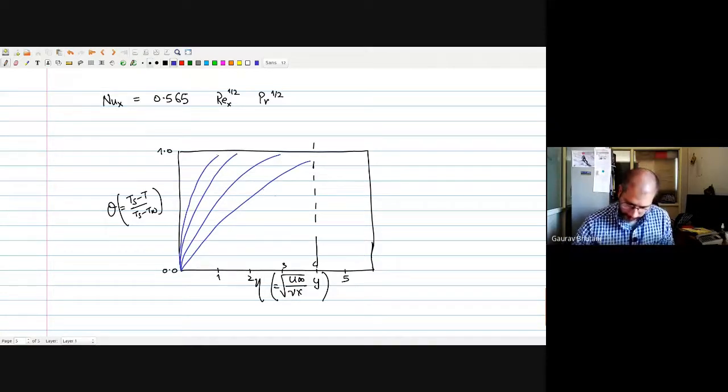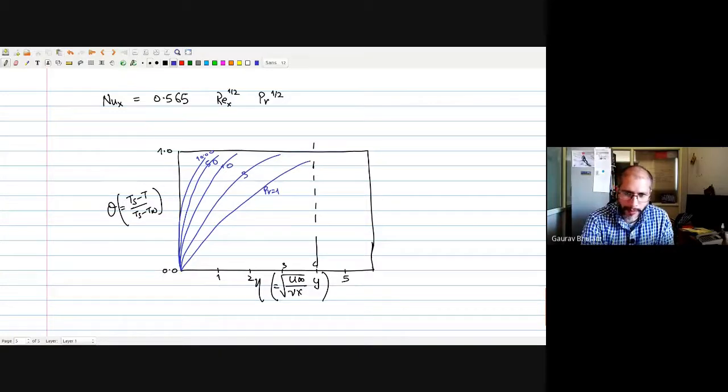This is your Prandtl number of 1, this is Prandtl number 3, this is 10, this is 50, and then something like 1000, and so on. So this is the functional variation of theta as a function of eta.